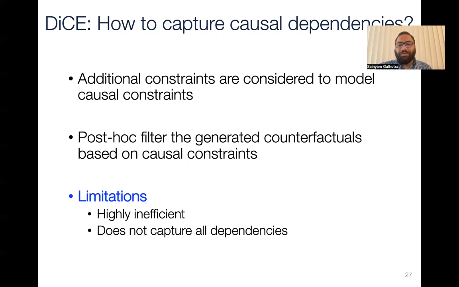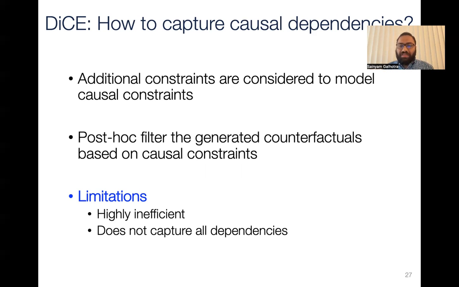For example, in case of Rosa, if the output explanation says that we should increase age and increase number of working hours to more than 65, it's not realistic because it's not causally consistent. So this would be removed as a post-processing step, and then we add this as a new constraint to the optimization problem and resolve the optimization problem.